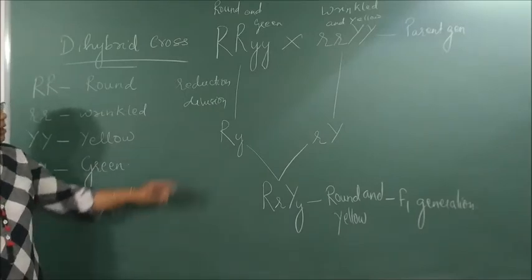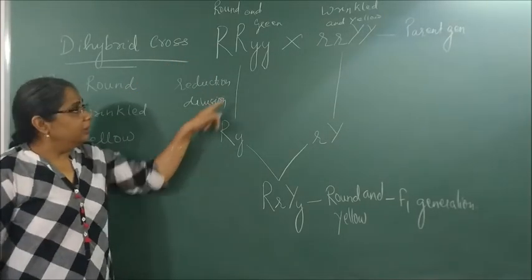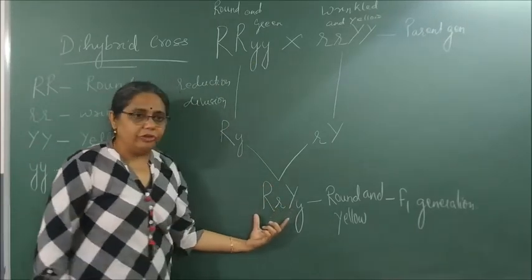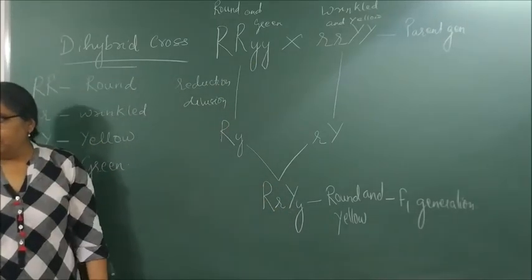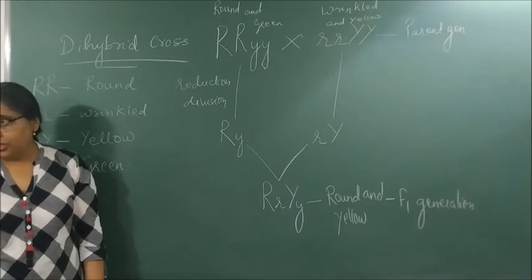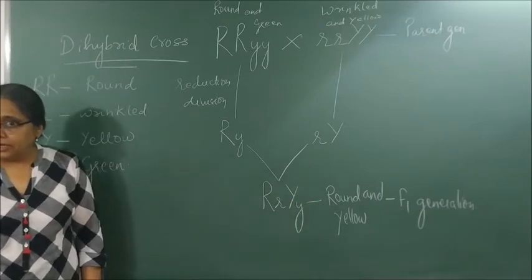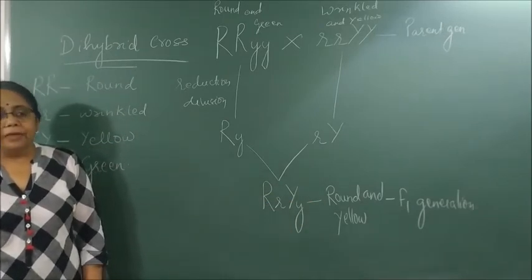Is it clear? From two, make it one. Again from two, make it one. So you will get in the F1 generation all plants which are round and yellow, which indicates that round and yellow is dominant over wrinkled and green. Written till here?